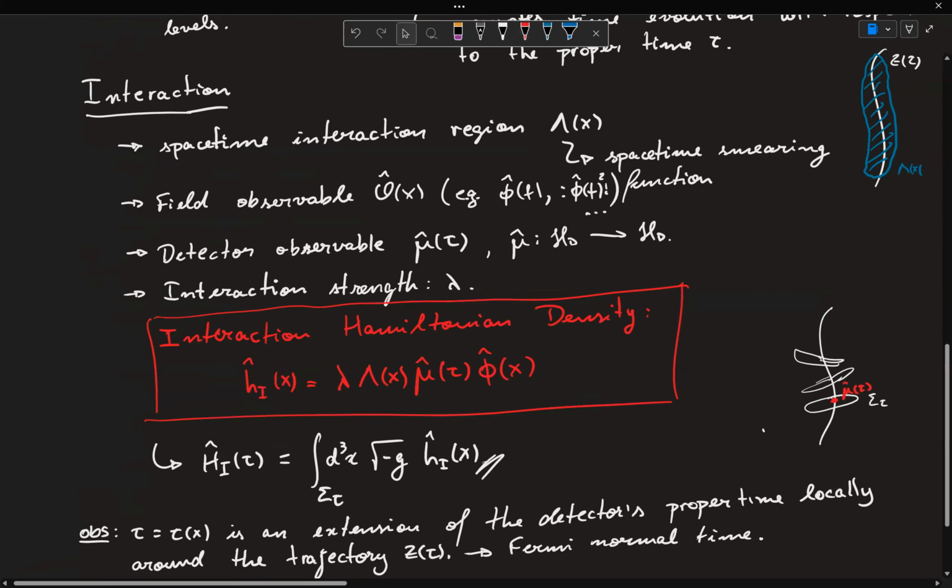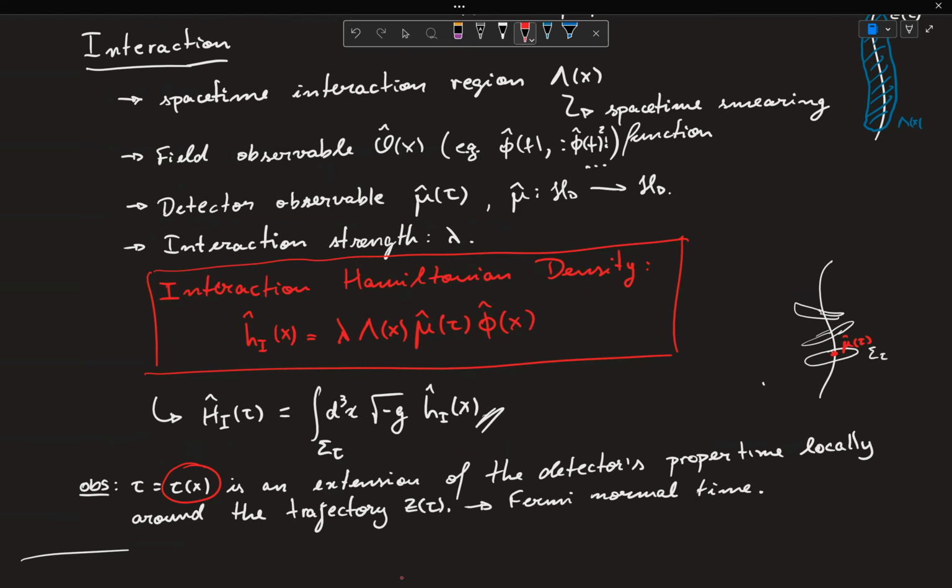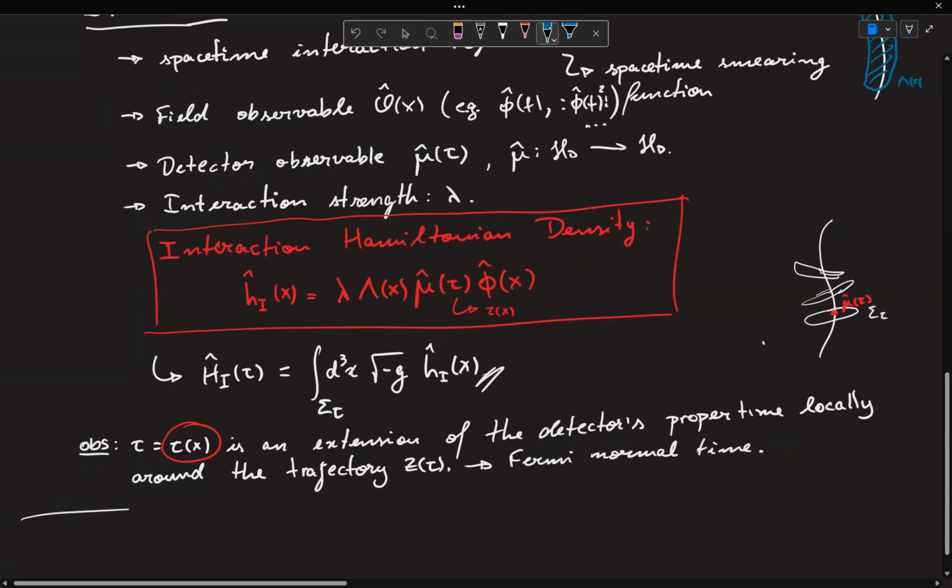But the idea is that mu is the same along these specific slices, which are defined by the specific choice of time coordinates. This tau here is indeed a tau of x, but it is constant in the specific foliation that you pick. But then you're also extending the location of this quantum degree of freedom, right? In a way, yes, but because it's constant along the surface with respect to tau, you're not.